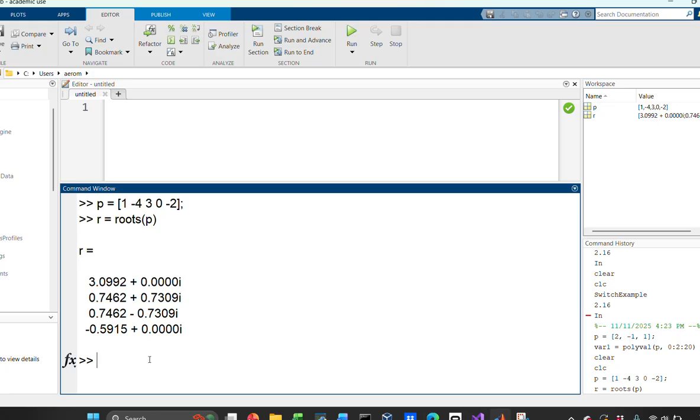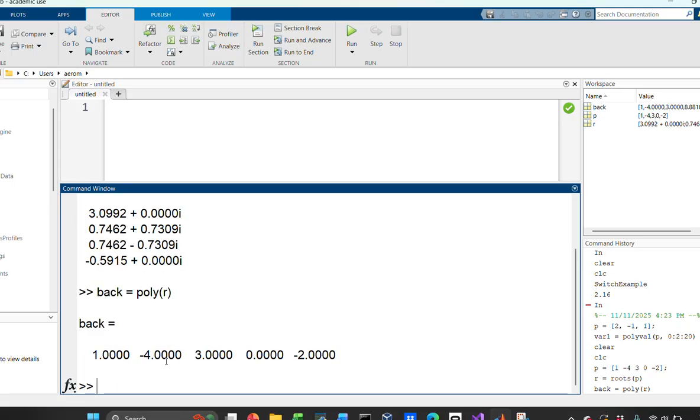And there we are. In many situations, you will find that a lot of the roots have imaginary portions. It's very normal. And let's go back using the poly function on r, and we should get the exact same polynomial: 1, minus 4, 3, 0, minus 2.